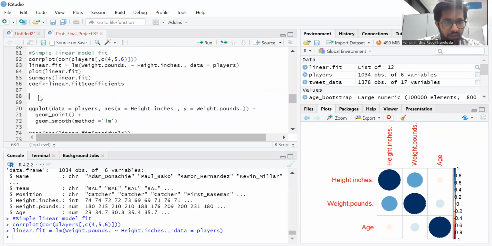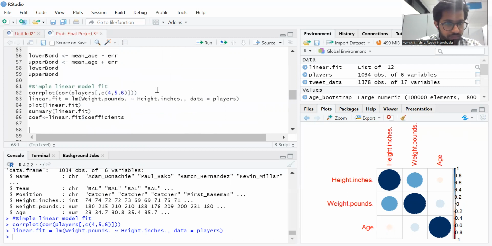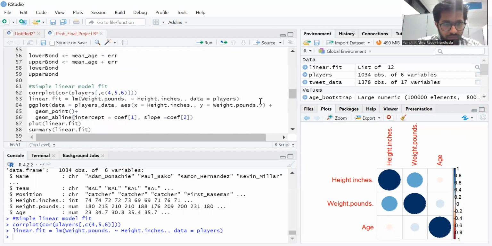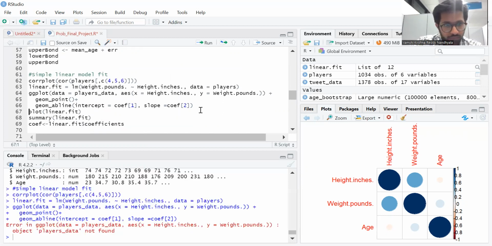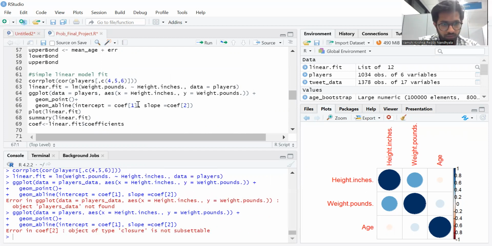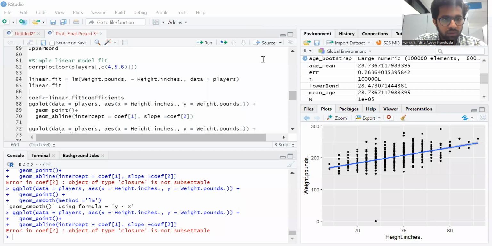Control C, Control X. Layers is not substitutable. So it is saying that object of type closure is not subsettable.